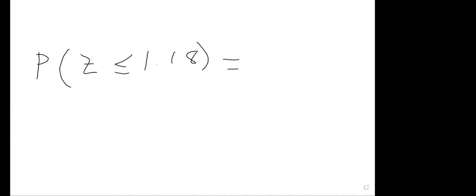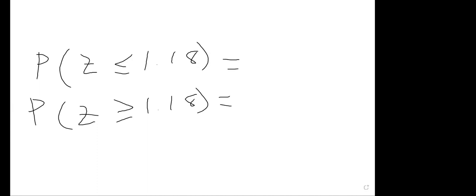So if you were finding the probability that Z is greater than or equal to 1.18, then your lower value will be 1.18, and the upper value could be a large number. You can just write 1 million. And then you will get something which is equal to 1 minus the probability that Z is less than 1.18.